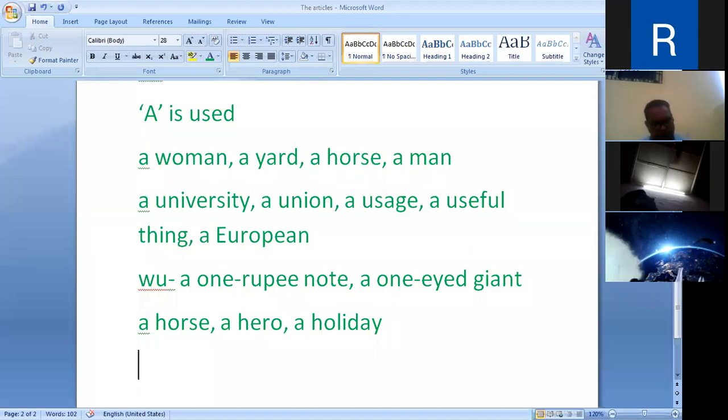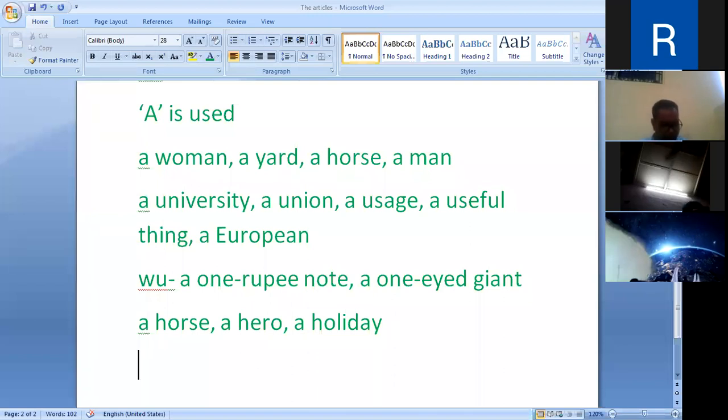Earlier examples and rules were based on the sound, but here are some tips or notes where the use of A and AN will depend on the context. Context means the reference or the background or the earlier part. It will decide whether to use A or AN.